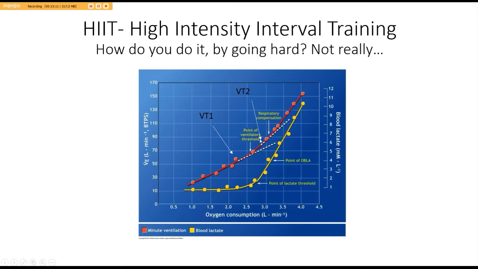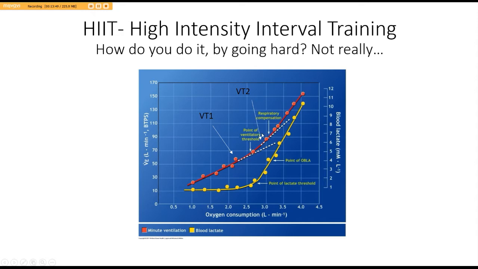Training between the second ventilatory threshold and the first ventilatory threshold here, between 2.2 litres and 2.8 litres, is considered threshold training or moderate training. Low intensity training occurs from VT1 and below. So from a physiological perspective, there really might only be 3 training intensities: low, moderate between the two variables, and high.